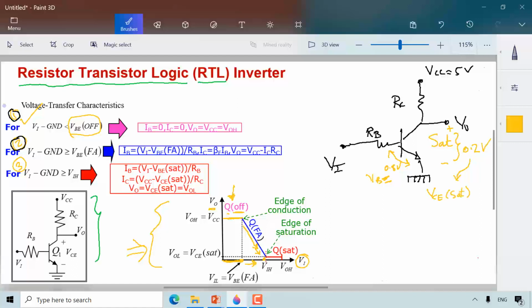I will always assume it is 0.2 volt, unless I tell you otherwise in the exam, which typically I don't.